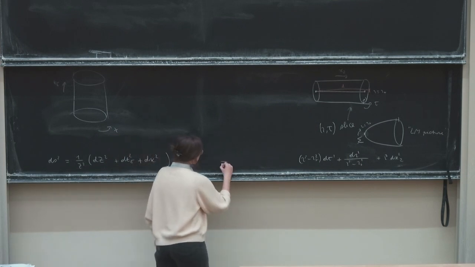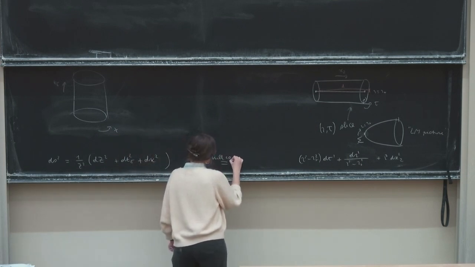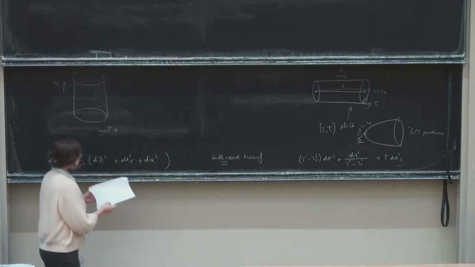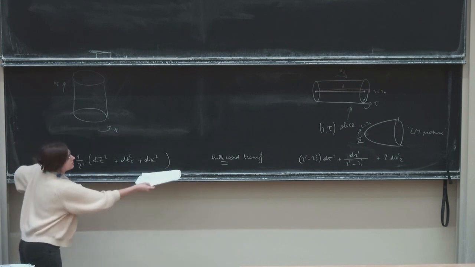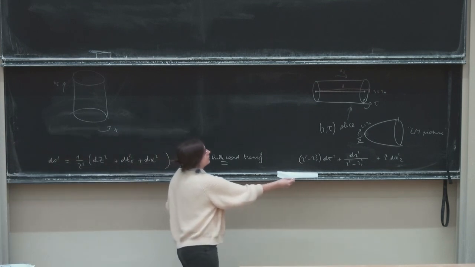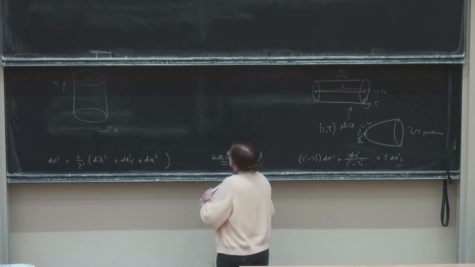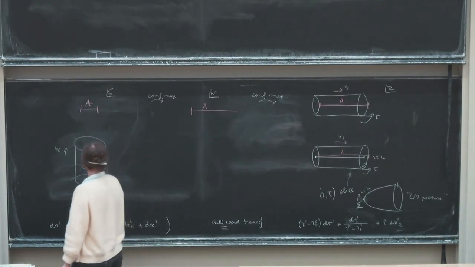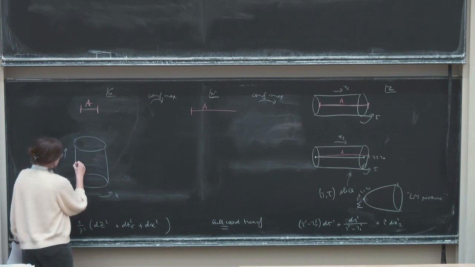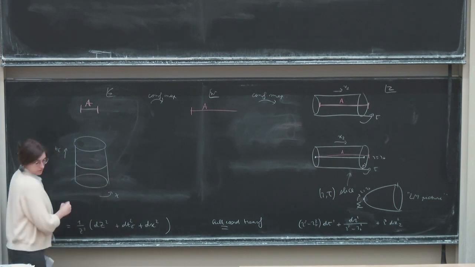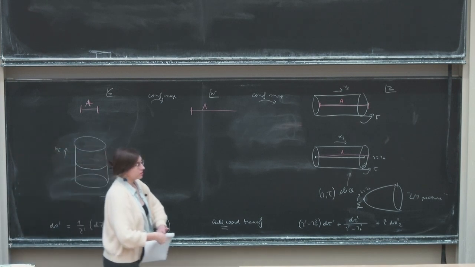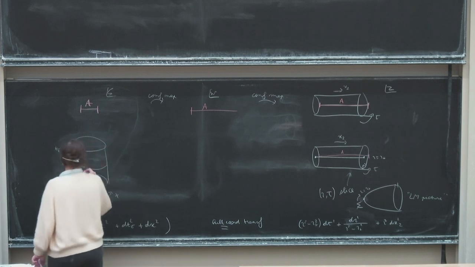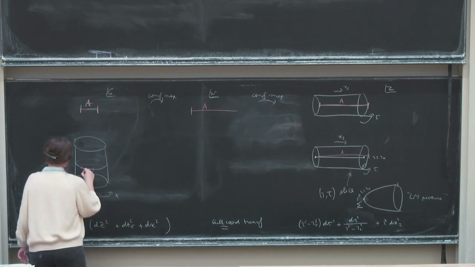And so you just have to do some bulk coordinate transformation to go from these coordinates, t, e and x, to tau, r and xz. So if I add A here on the boundary of the AdS solid cylinder, then I have A somewhere here.